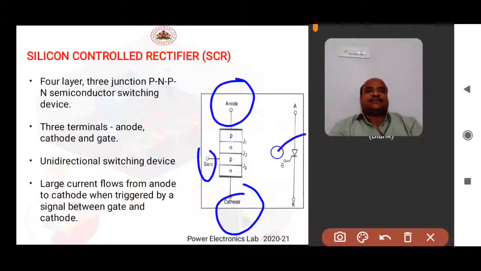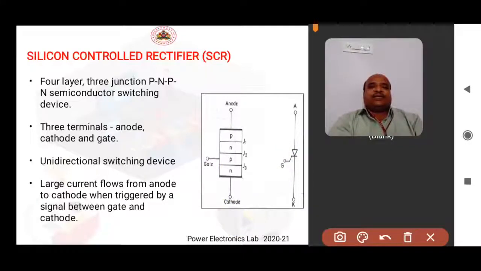This is the symbol used to represent the SCR. The SCR can conduct in only one direction, that is from anode to cathode, like your diode. It allows a large current to flow from anode to cathode when it is triggered by a gate signal applied between gate and cathode.